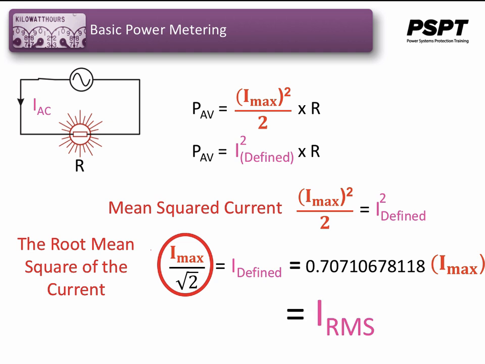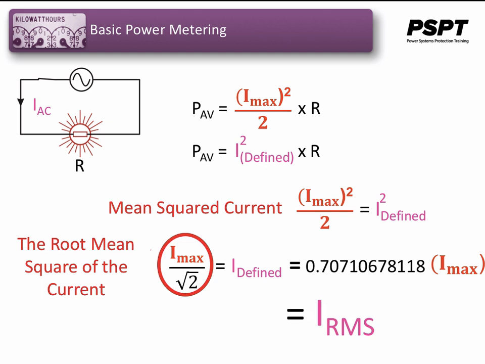This is another more useful way to describe an AC quantity, voltage or current, and of course it can be converted to other AC quantity terms such as the amplitude or the peak to peak or the average, just by scaling the value up or down.